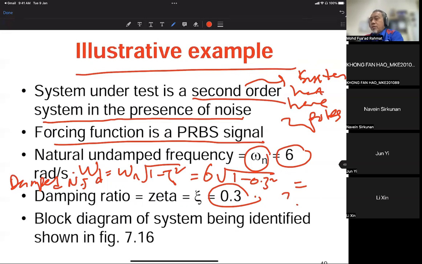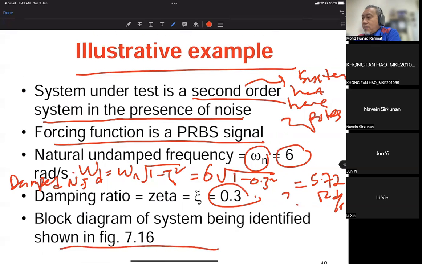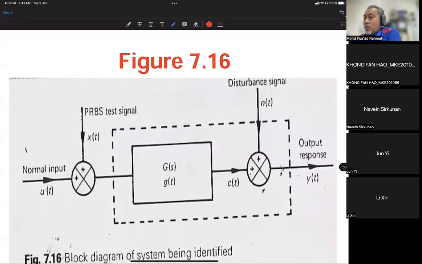How much? 6 multiplied by the square root of 1 minus 0.3 squared: 5.724 radian per second. Right, and then the block diagram of the system being identified is shown in figure 7.16.